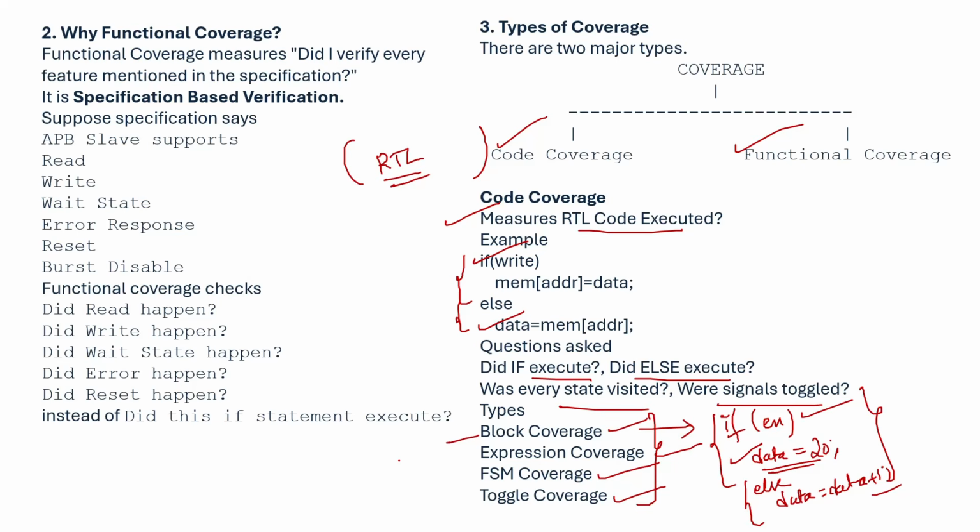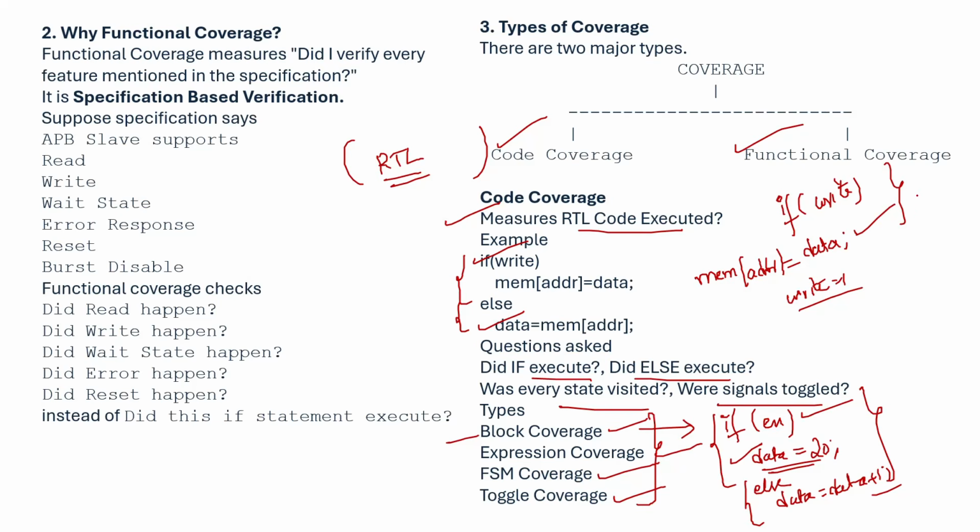But we don't always get 100%, because here if I write if write is happening, the data will be stored into the memory. We give some address, then write equal to 1, and this data is executed.